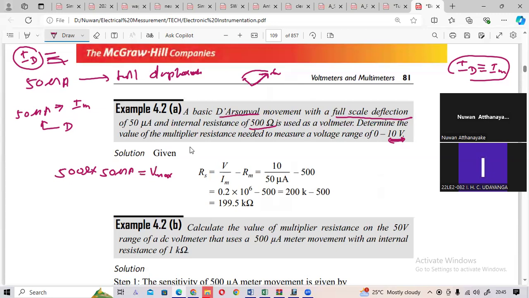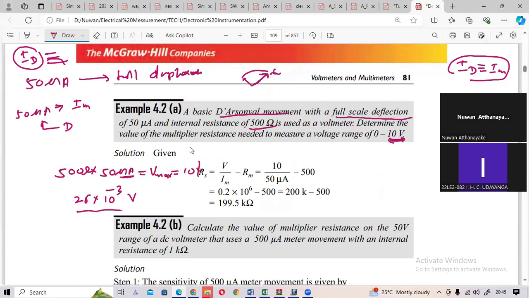But this is not equal to 10. It is very much less than 10 because this is a microampere. So it will be 25 into 10 to the power minus 3 volt.